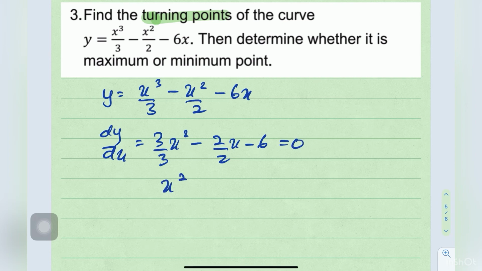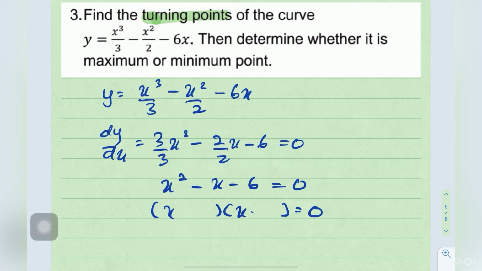We simplify: x squared minus x minus 6 equals 0. This is a quadratic equation, so to solve, we factorize: (x minus 3)(x plus 2). So x is negative 2 or x is 3. Now we have two values of x, so we substitute these two values into y.